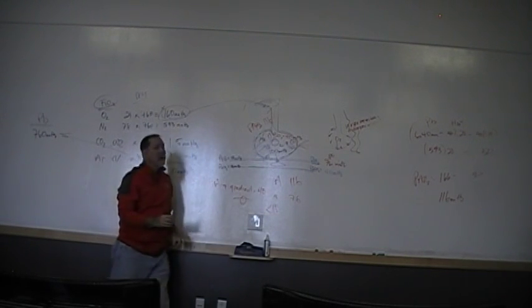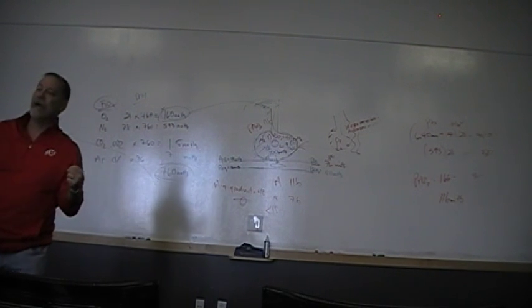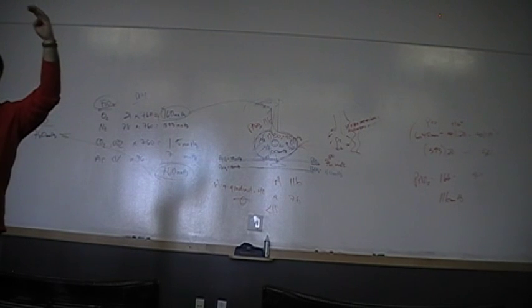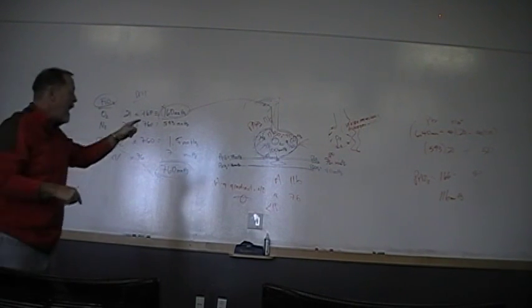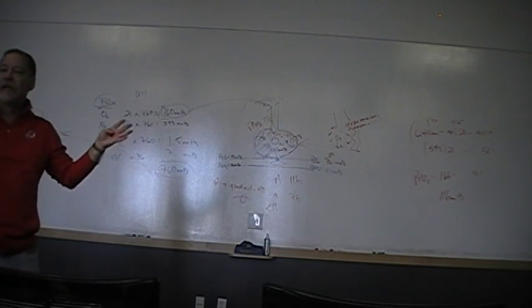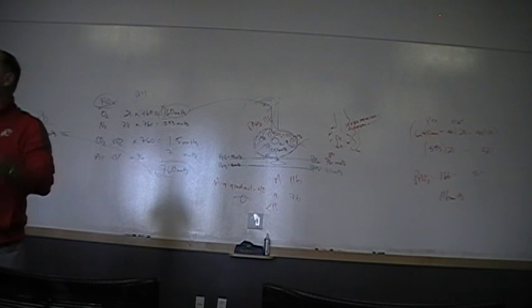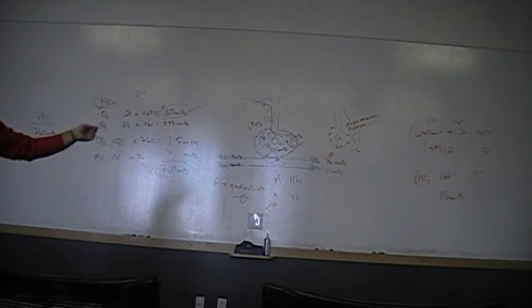If you figure that your PaO2 at sea level is 80 to 100, so 100 down to 80 is a difference of 20 millimeters of mercury. That's why the AA gradient, as long as it's less than a 15 difference, is within normal ranges. 80 to 100 is within the AA gradient of less than 15.